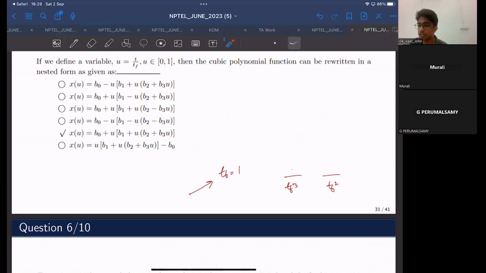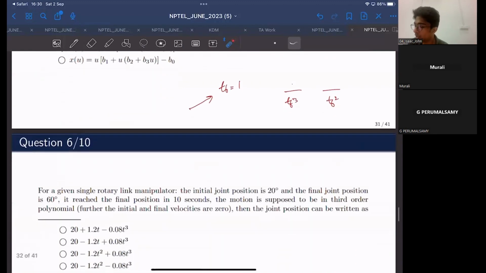And if you are using some round off, it will be close to zero, and it can basically lead to some erroneous coefficients, and you won't be able to get the desired trajectory. But if you are using the substitution, no matter how large your time period is, it will eventually scale back to 0 and 1. So yeah, you won't have any further issues, because once you do that, your final time is essentially 1, and you would be scaling back using U times T.